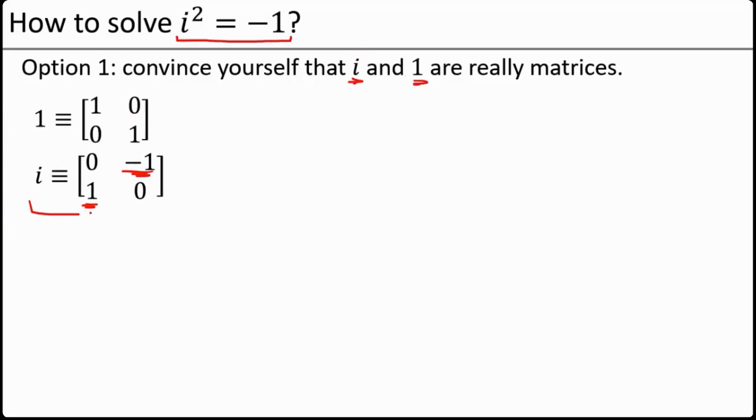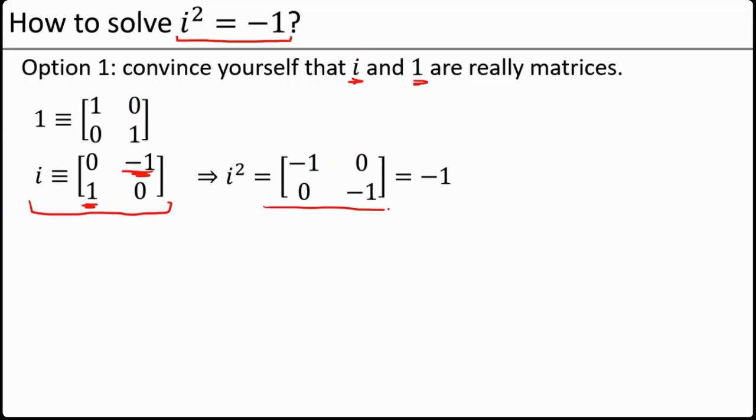If I square this i matrix, I end up getting a negative identity, like a -1. If I do this multiplication, this just becomes a -1 times a 1, so that's a -1.